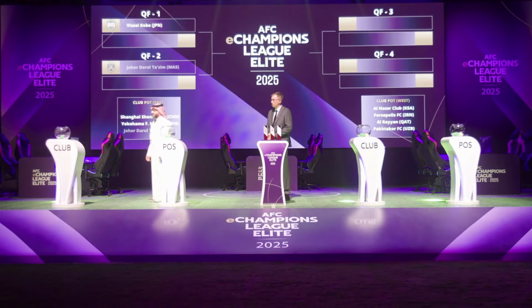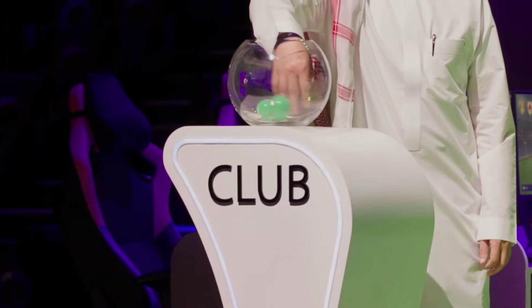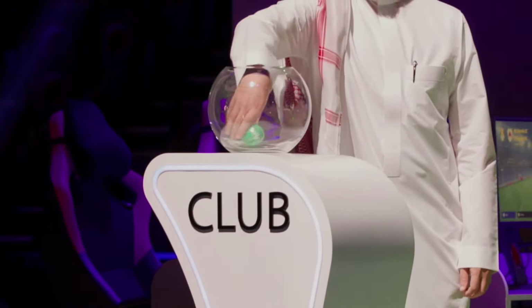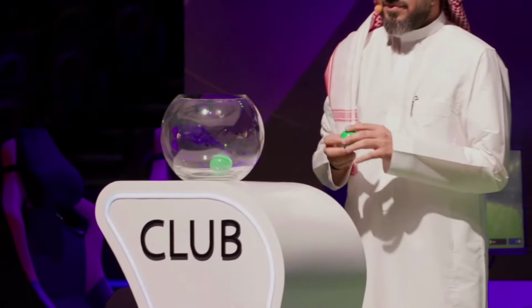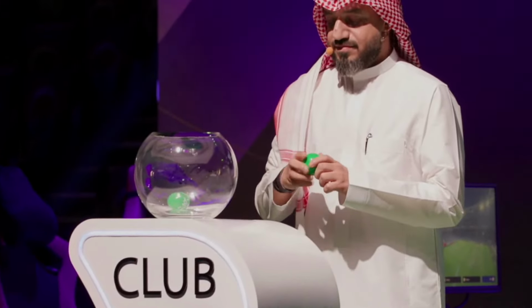2 more clubs remaining in the east pot. Shanghai from China.